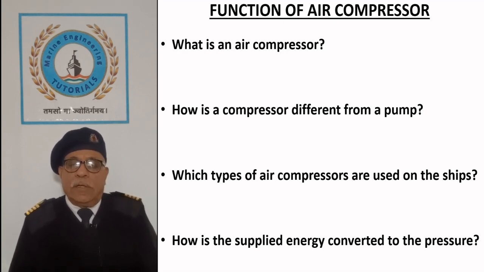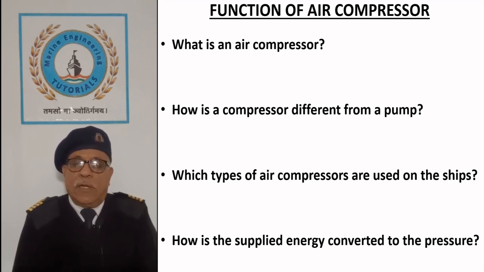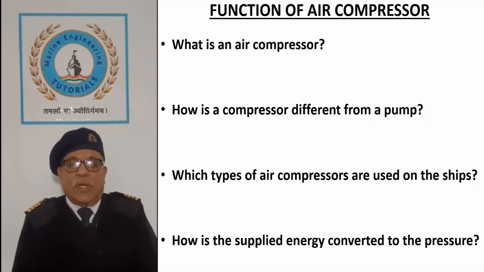The heat generated during the compression process has to be constantly removed for proper functioning of air compressor. Depending on the requirement, compression of air may take place in several stages. Air is cooled between each stage and subsequently after the compression too.